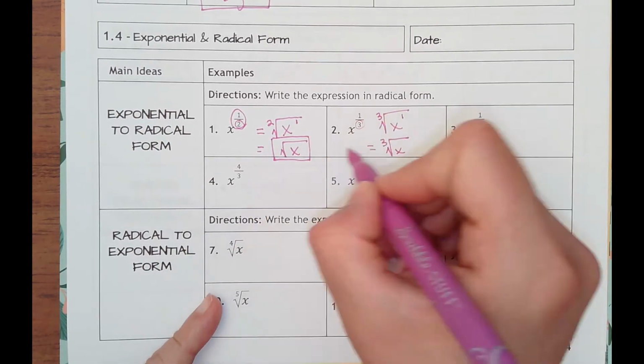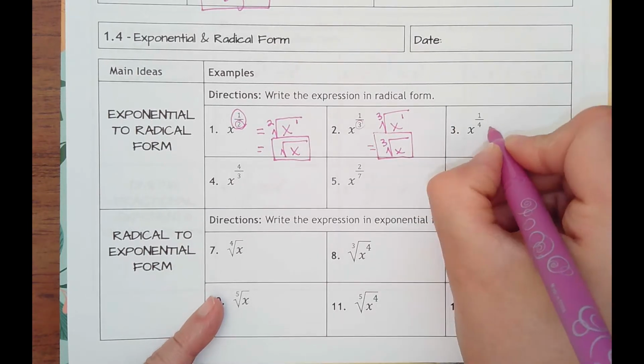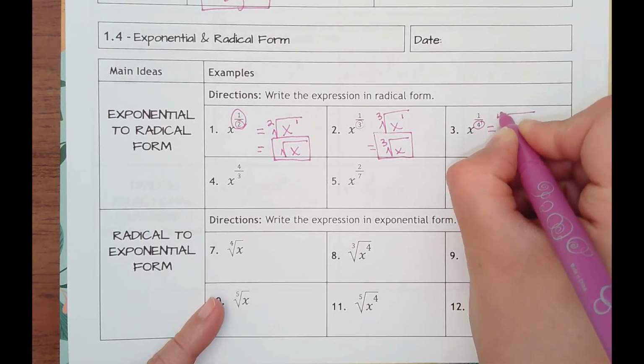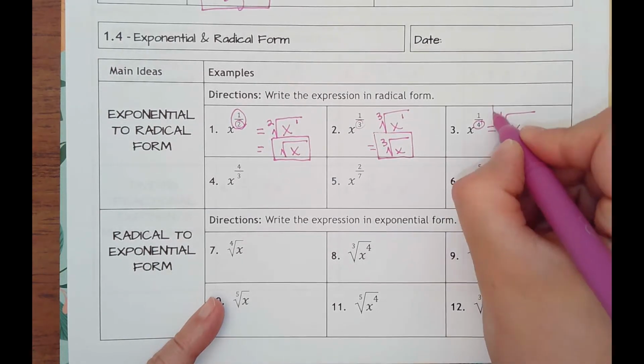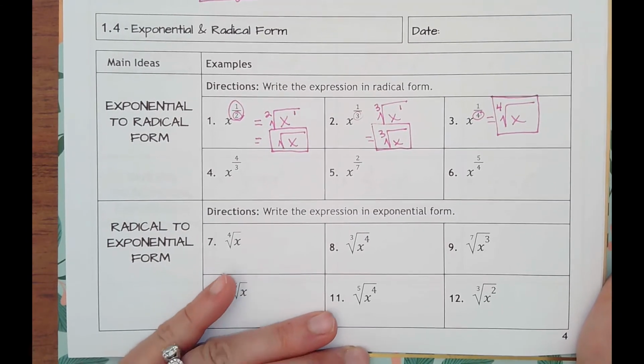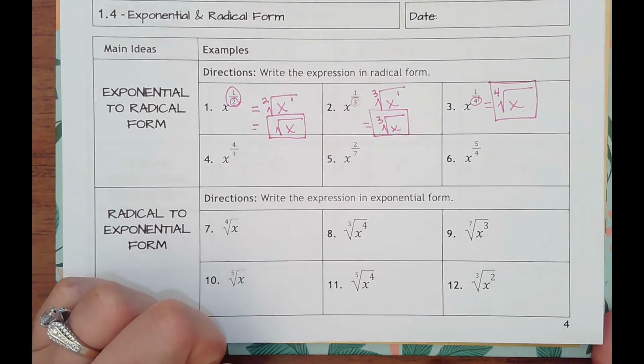So that's a square root. That's called a cube root. Okay, can you see what's going to happen here? This is a 4th root of x. And then the next unit we'll get more into actually evaluating some of these things. But right now you just need to know how to change it into a different form.